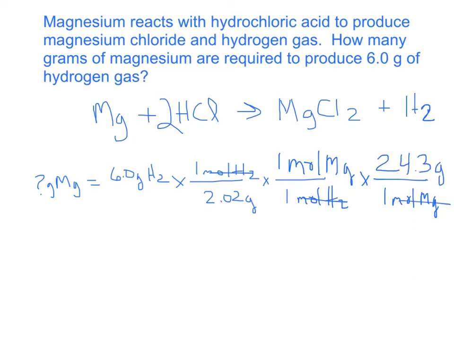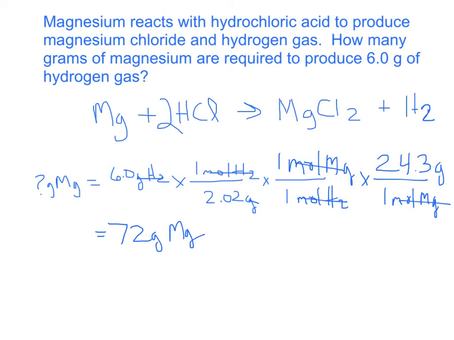And our moles of magnesium, all of our units have divided out except grams of magnesium. Now we are left with 72, with the correct sig figs, grams of magnesium. So if you completely reacted 72 grams of magnesium in as much hydrochloric acid as it needed, that would be what you'd need to get 6 grams of hydrogen gas.